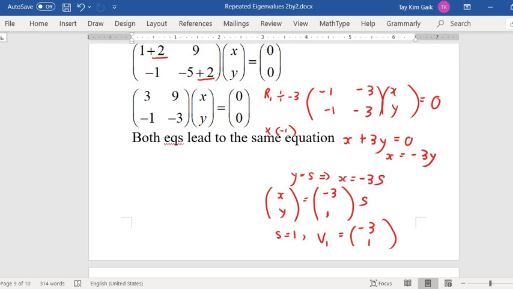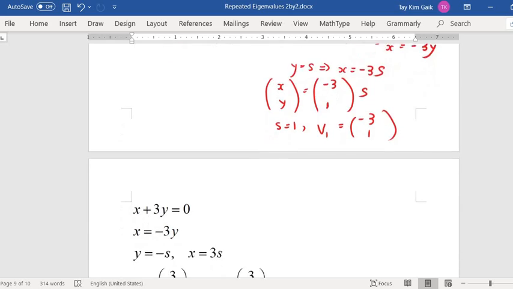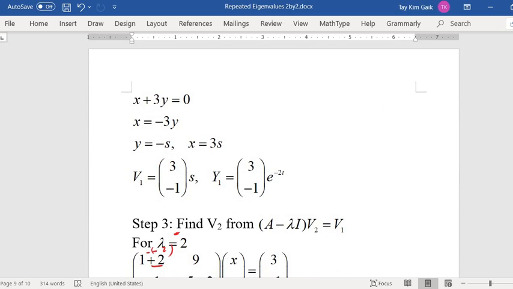Hence x is negative 3s. So y is 1s, x is negative 3s, so my v1 is negative 3 and 1. So I got another variation, my v1 is negative 3 and 1.